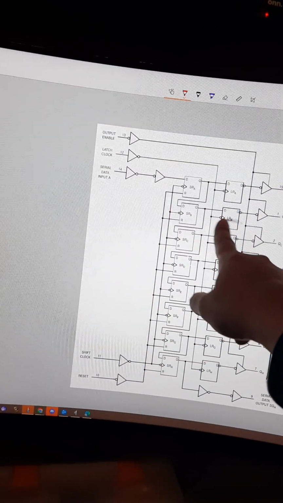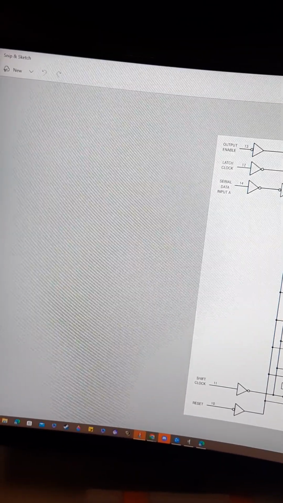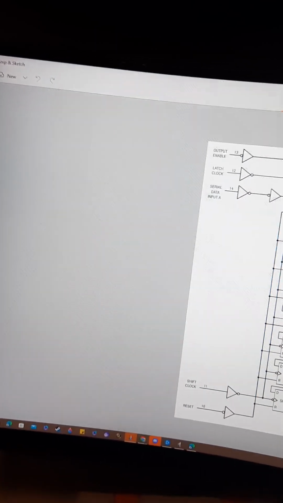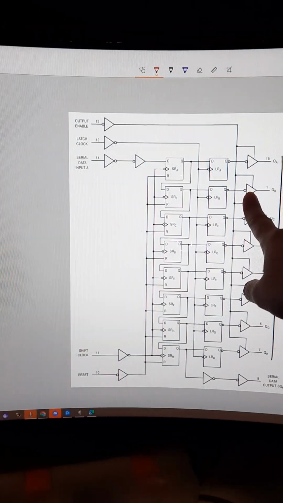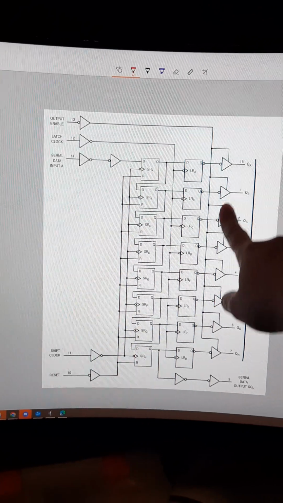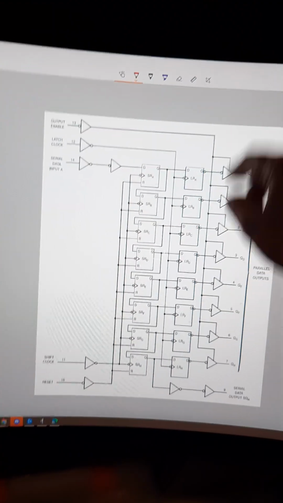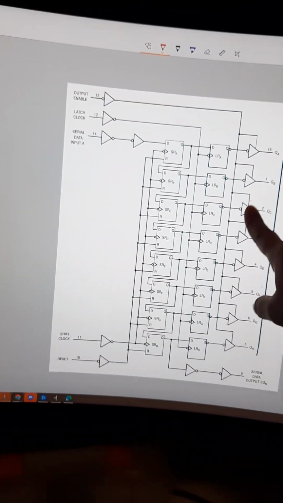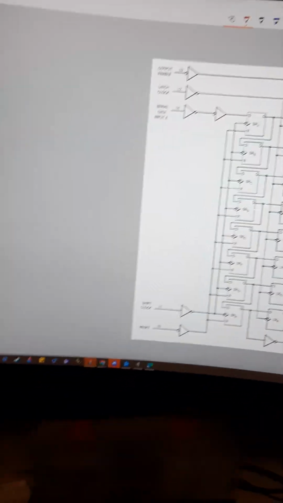So if one goes in, which is a high, because you can do high or low, and then it'll shift. If a 0 goes in, it drops. So it'd be 1 and then 0. And if you put in another input of 1, it'll be 1, 0, and then 1, and then it keeps shifting.